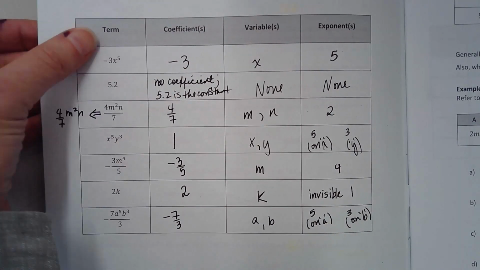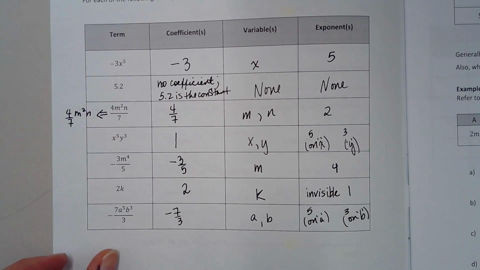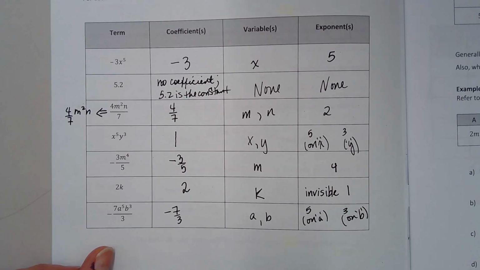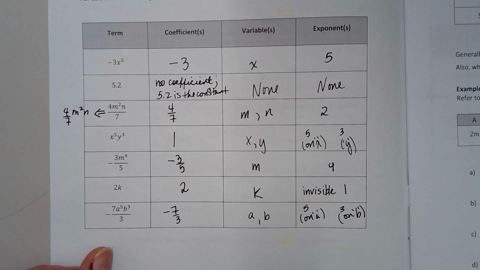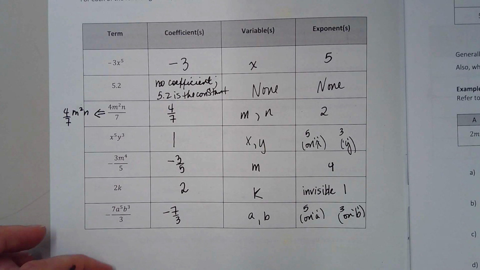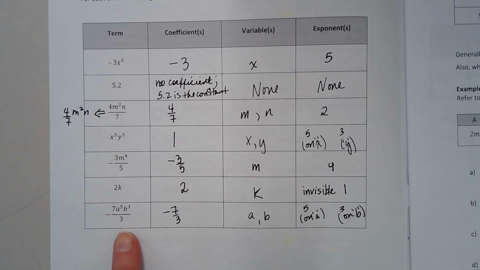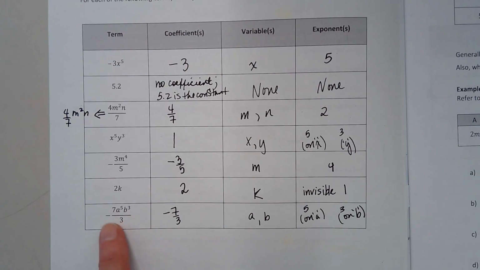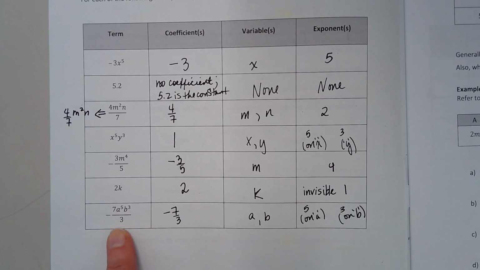So all of these were polynomial terms, but they were really small, right? They all just consisted of one term. Can you see that? Just one little piece. They can be really complicated, as in they can have a fractional coefficient. This is quite a complicated one, right? Negative 7/3, really what this reads as is negative 7/3 times a to the power 5 times b to the power 3.